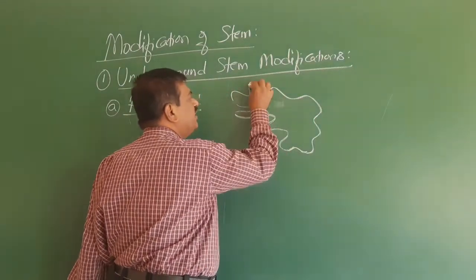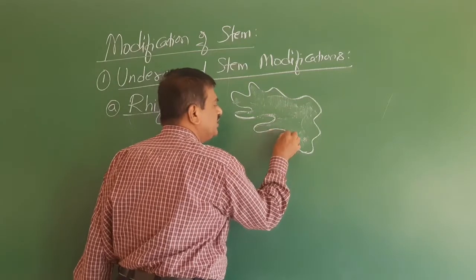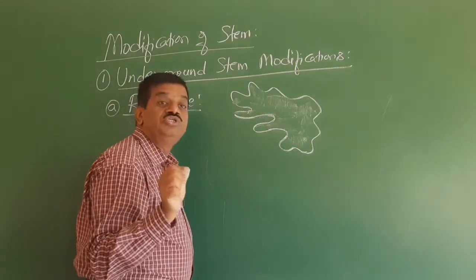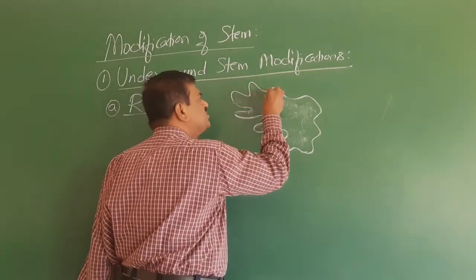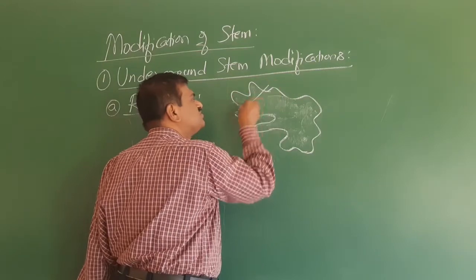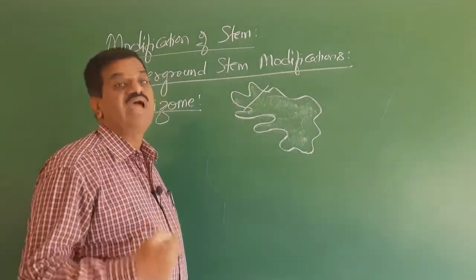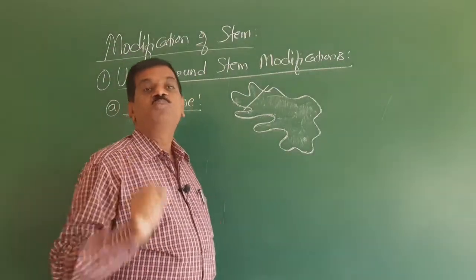It is covered by brownish scaly leaves and has nodes and internodes. When we take this stem and cut it into pieces, each piece gives rise to a new plant. Hence, this is called vegetative propagation.